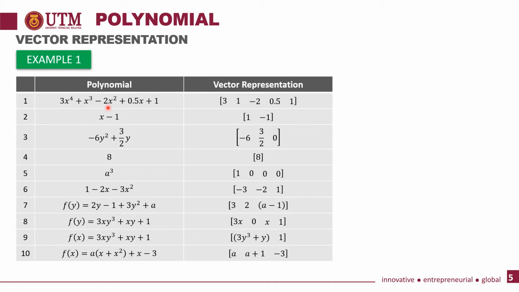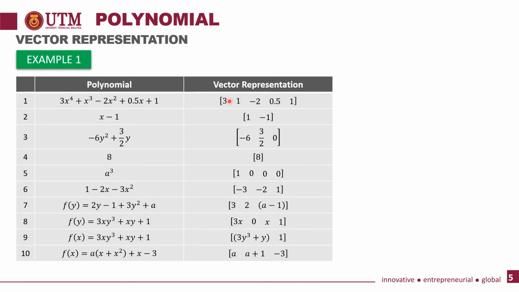The coefficients in a vector representation start from the right hand side, which represents x to the power of 0. So 1 is the coefficient which represents x to the power of 0. 0.5 is the coefficient that represents x to the power of 1. 2 is the coefficient which represents x to the power of 2, and so on. So it will start at x to the power of 0, and you put the coefficients inside the matrix.